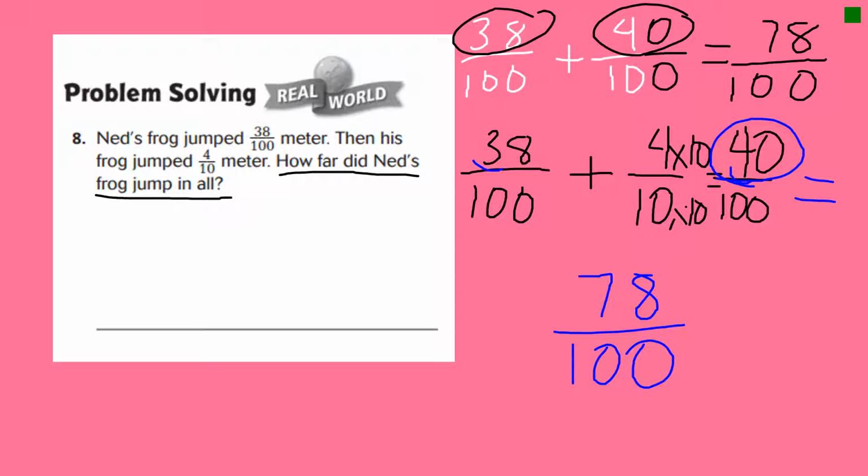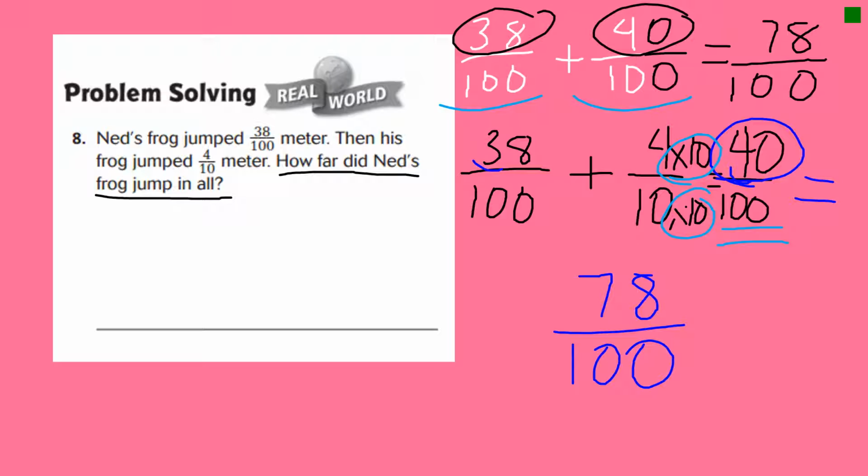But don't forget why you're doing that, okay? You're just making an equivalent fraction to 4/10 that has 100 in the denominator. And like I said before, just don't go cuckoo and add zeros to everything. Be sure you're making the denominators the same if you need to make them the same, okay?